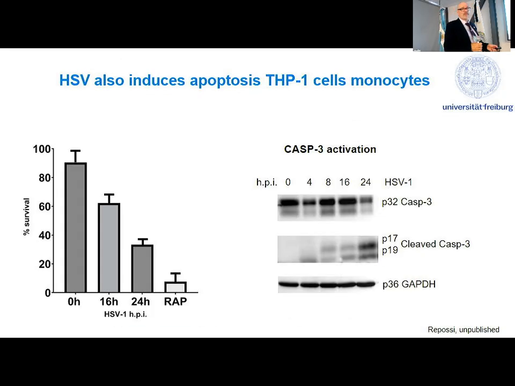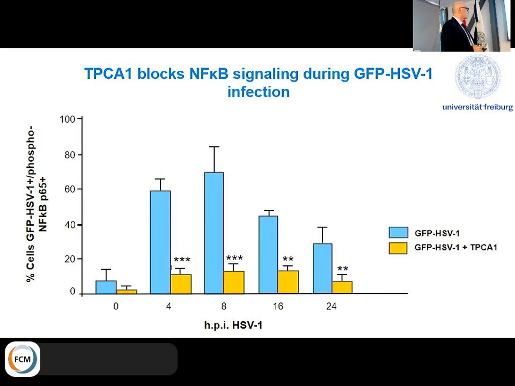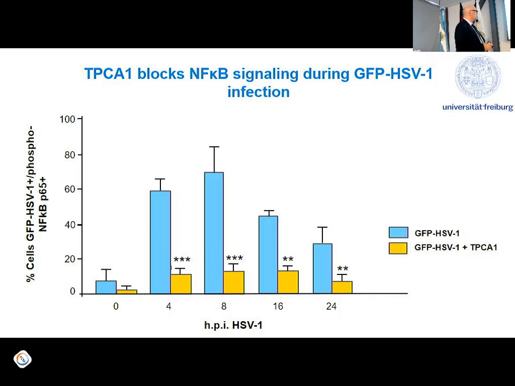And we can reproduce that in another monocytic cell line, THP1 cells, exactly the same result. But also, like we see in epithelial cells, we see NF-κB activation, because the virus, remember, requires NF-κB signaling for replication. And also here, we showed that NF-κB signaling is important for viral replication, but not for survival.